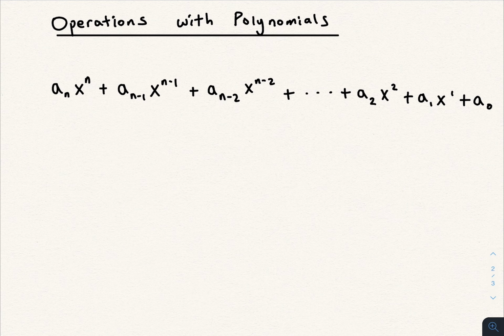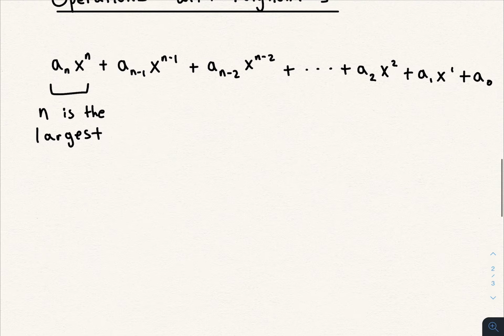So when we have a polynomial that looks like this, it looks a little bit complicated, but this term here has the highest degree. So the highest degree means n is the largest. So it has the highest power among all of the terms.